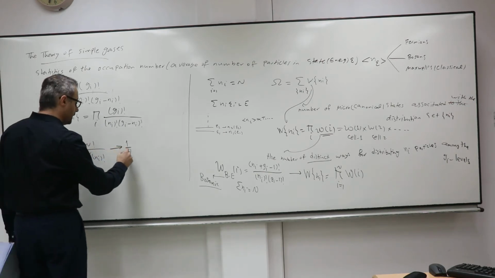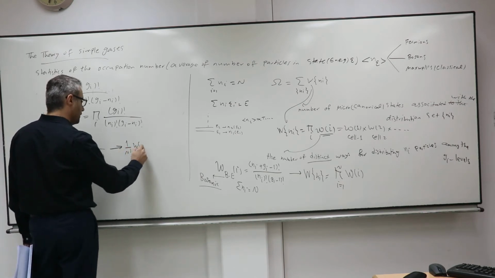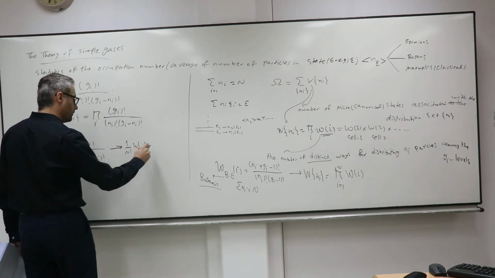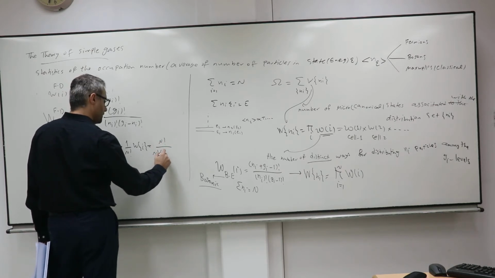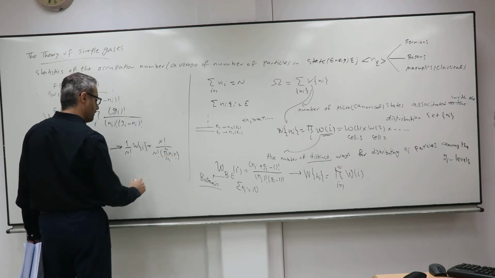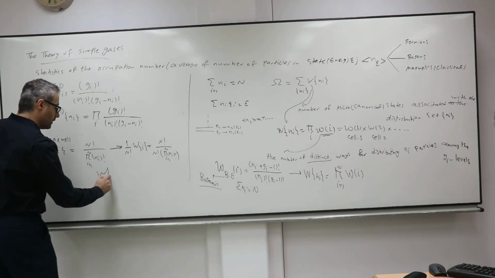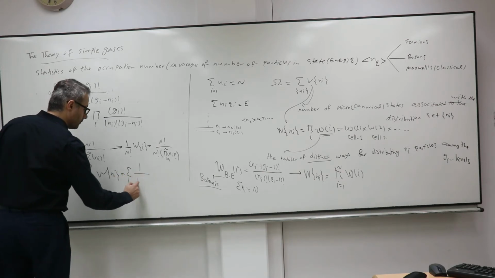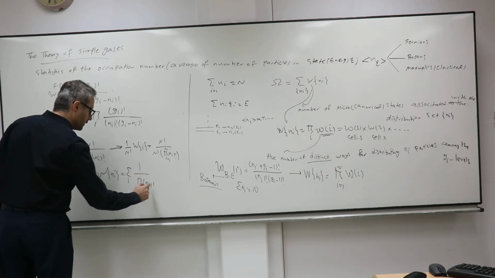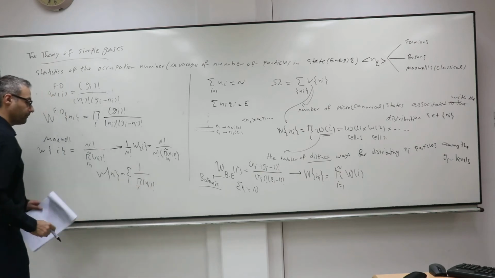So the real value will be, if you multiply this 1 over n factorial to that, W_i will be the sum over i of 1 over the product of N_i factorial.